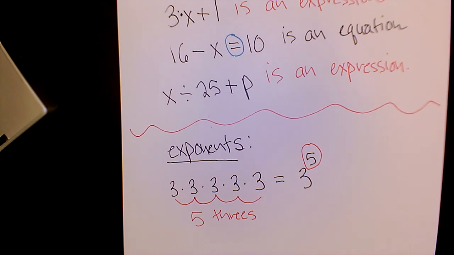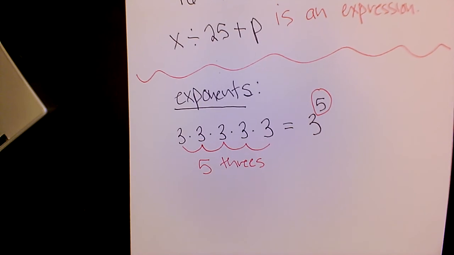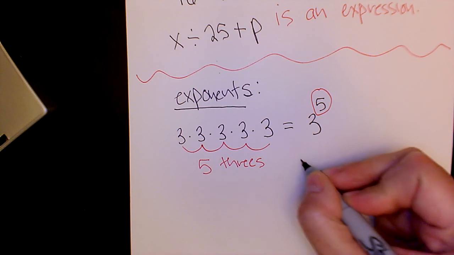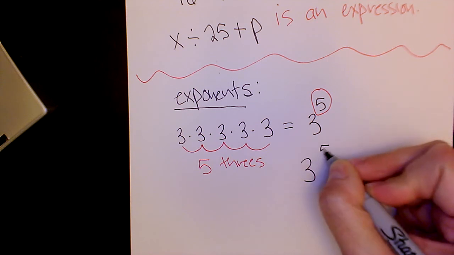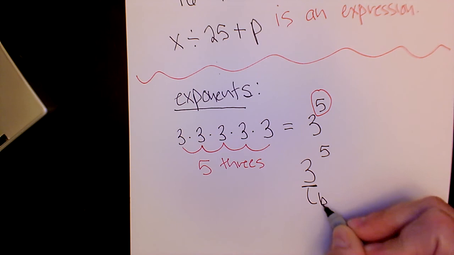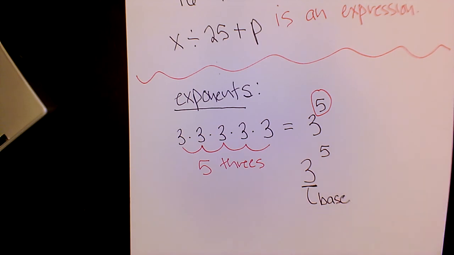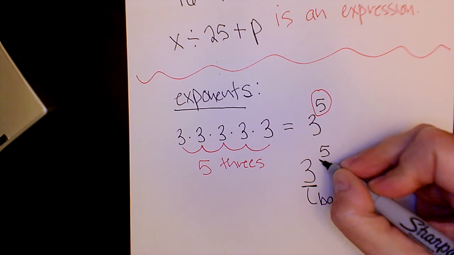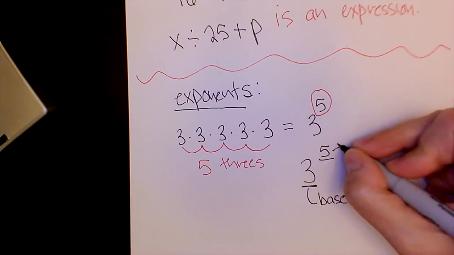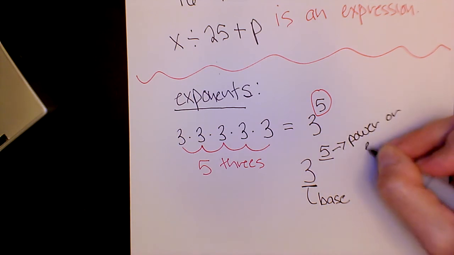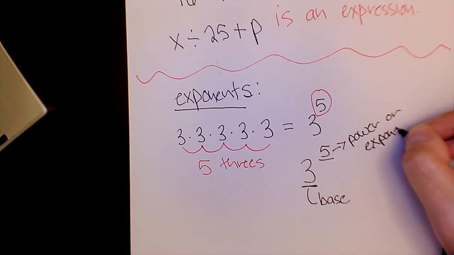Easy? So 3 to the 5th power, let's take a look at that. We call the 3 the base. We call the 5 the power or exponent.